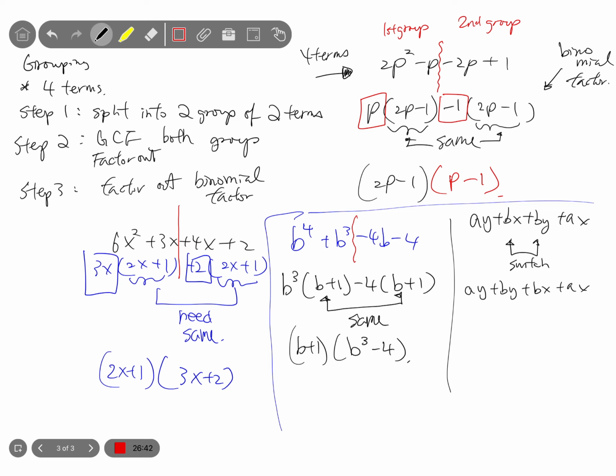Now when I split down the middle, I have y times a plus b. And the second half, I have plus x times b plus a. And notice a plus b and b plus a are the same. So I factor out a plus b, and I have y plus x.